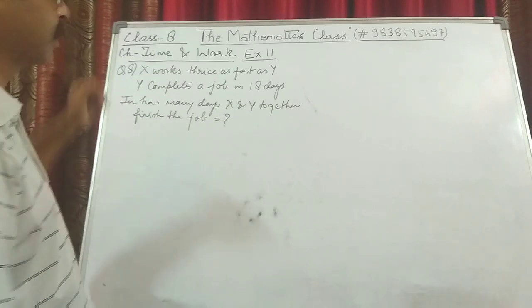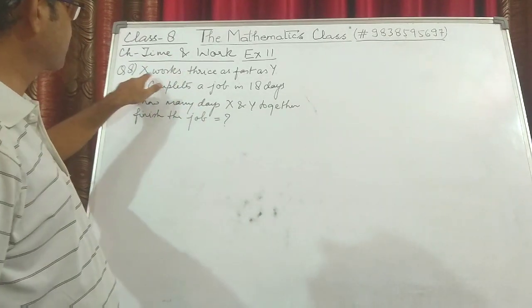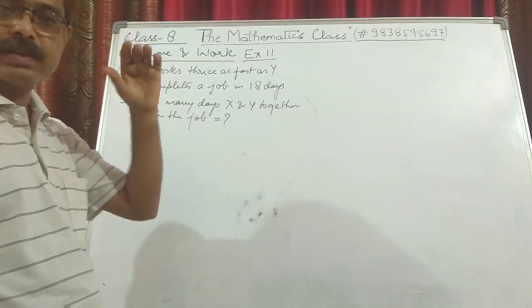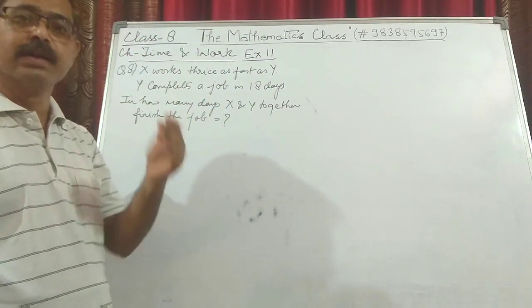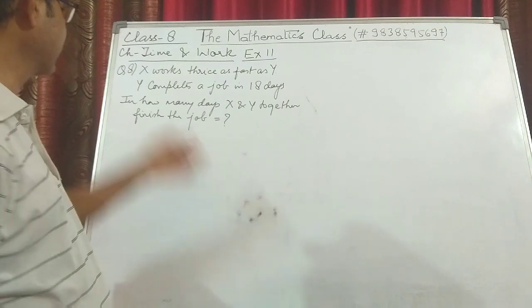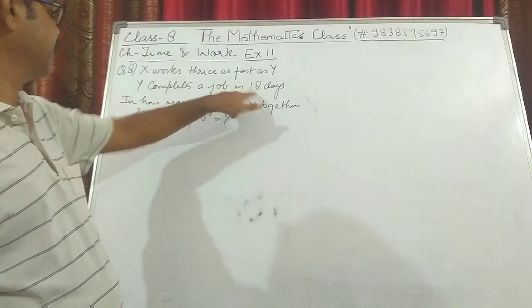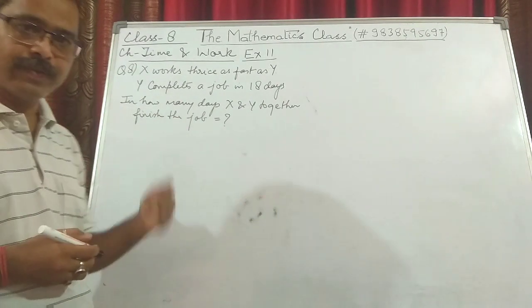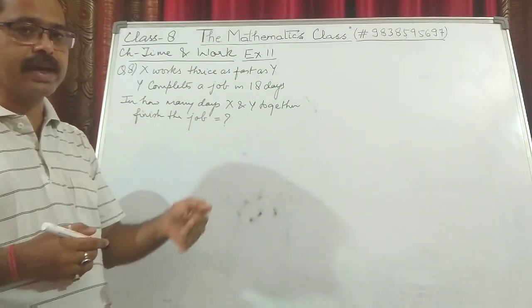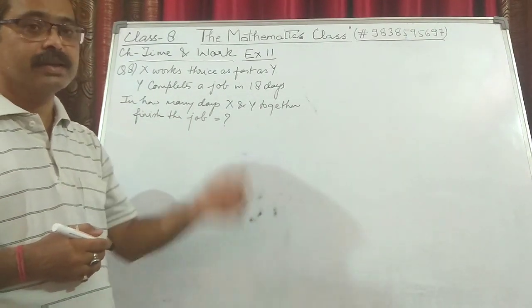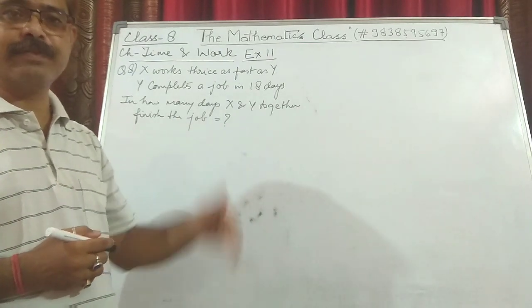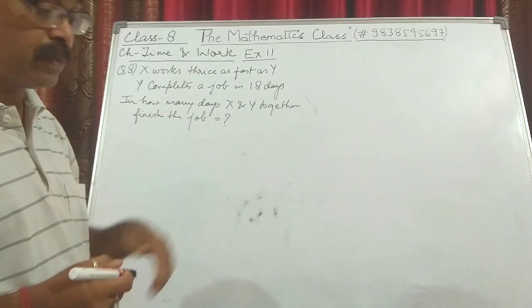Now question number 8. They say X works thrice as fast as Y, which means the efficiency of X is 3 times that of Y. Y completes a job in 18 days. In how many days will X and Y together finish the job? First of all, we will find in how much time X will complete the job, or what the efficiency of X is, or how much work will be done by X in 1 day.